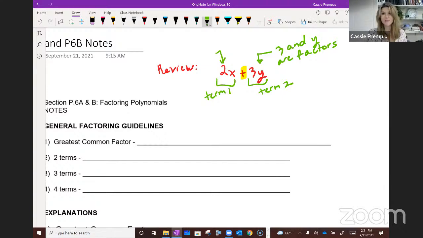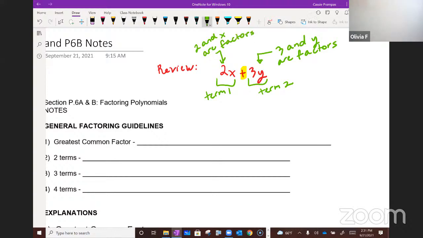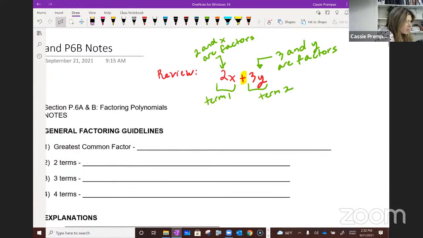You might have heard Mario, Olivia. It's 2 and x. Well done. 2 and x. Yeah. All right, I heard it up here at the front. The 2 factors are 2 and x.